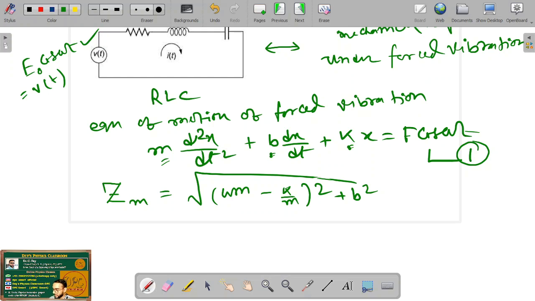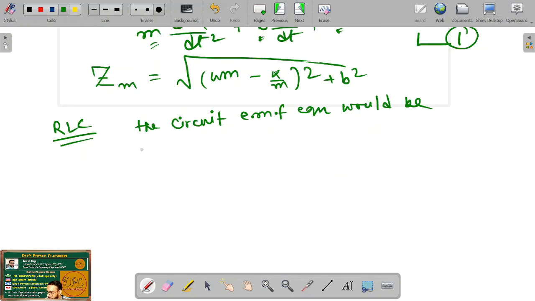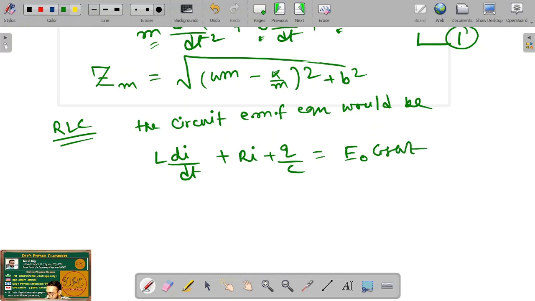For the RLC system, the circuit EMF equation would be L di/dt plus R i plus Q by C equals E0 cos omega t, where i is the current, L is the inductance, R is the resistance, Q is the charge, C is the capacitance, and E0 cos omega t is the external periodic voltage.